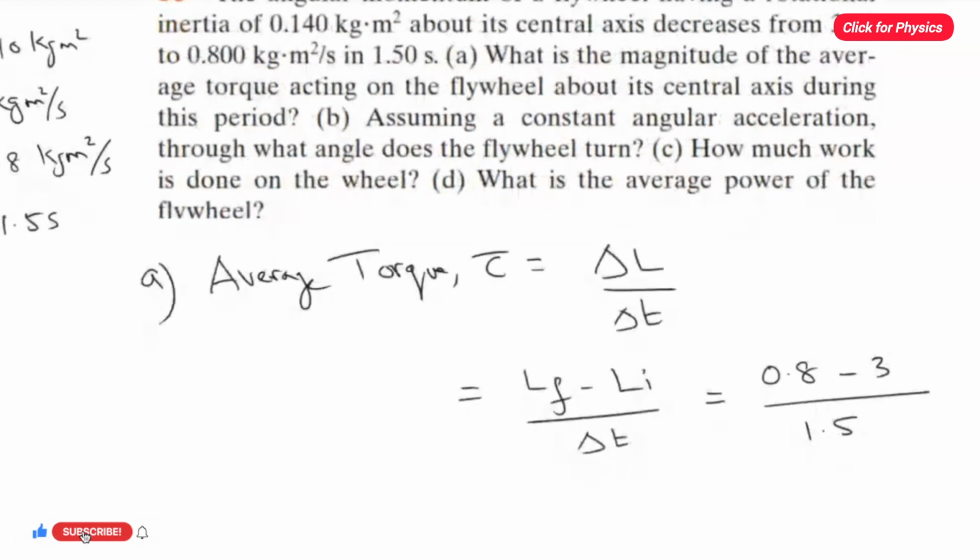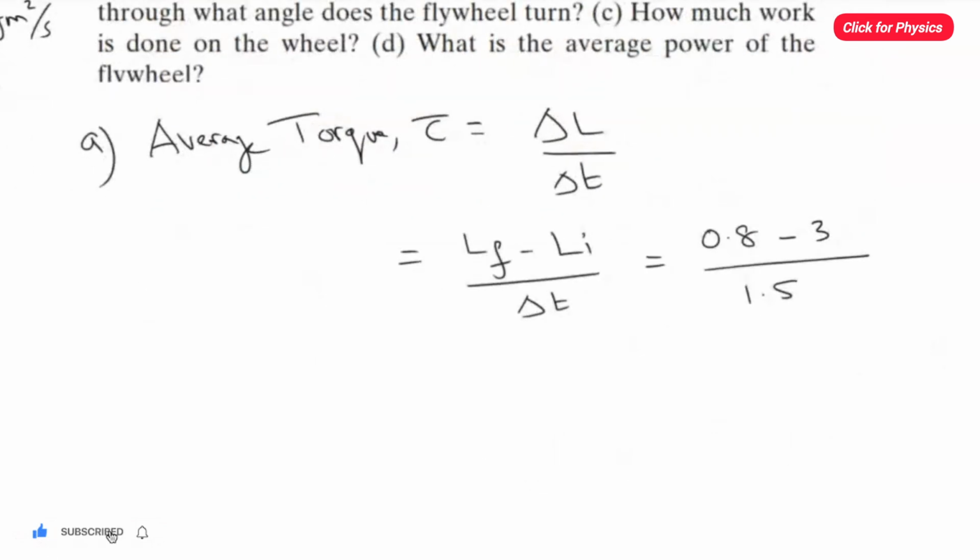So let's see the answer. Here I got the answer for the average torque, which is 1.466. So I can write 1.47, and the most important thing is that the sign is negative here, because you can see the final value is small and the initial value is greater.